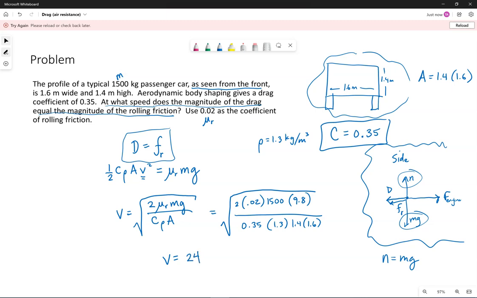That gives 24. The units will be meters per second.